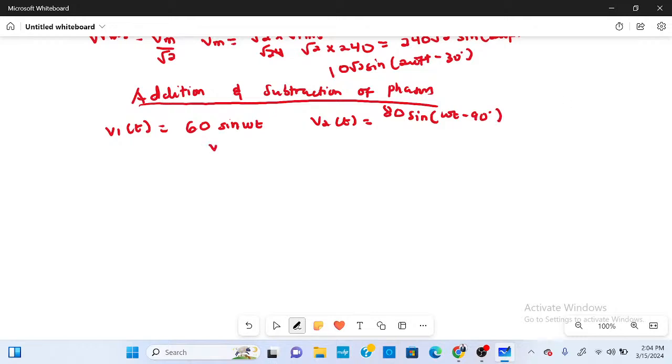So the problem is to find v1 plus v2 and find v1 minus v2.